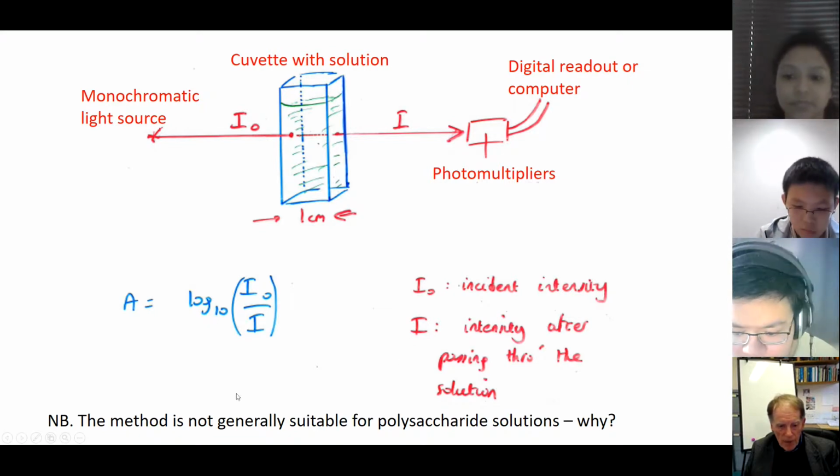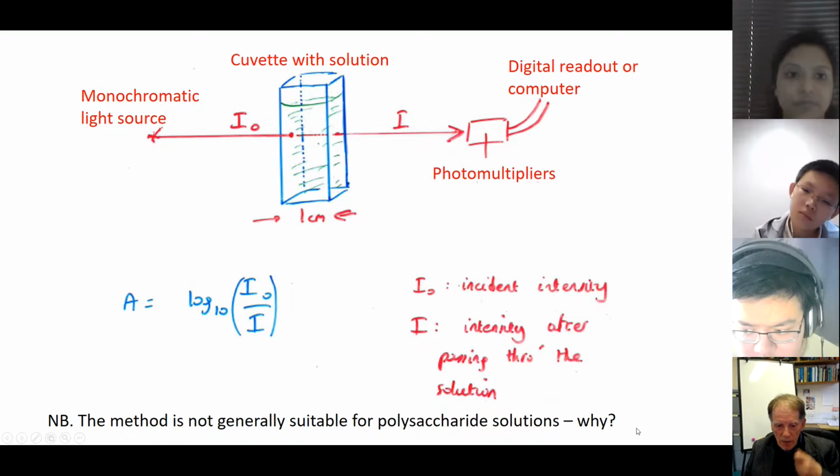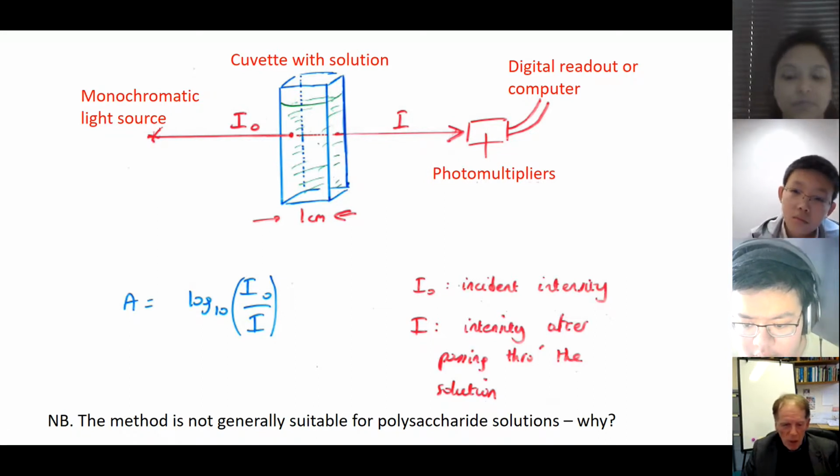So I just mentioned it, but why? What reason did I say that this method is not generally suitable for polysaccharide solutions? You're measuring the concentration of a polysaccharide solution. Why would you normally not use a spectrophotometer?